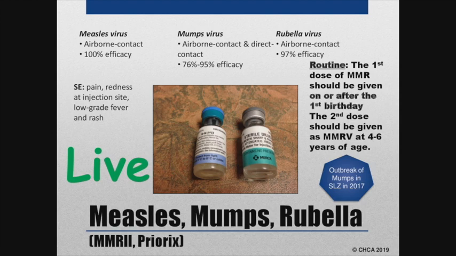So it's important that we provide the measles, mumps, rubella separately, and then at the 15-month well-child visit, they would receive the varicella separately. And then at 4 to 6 years of age, they would receive the combination MMRV.